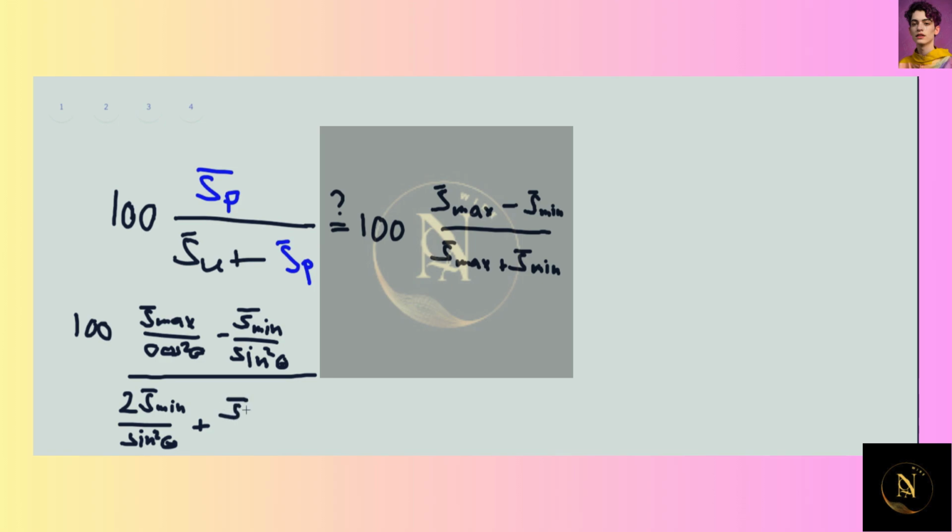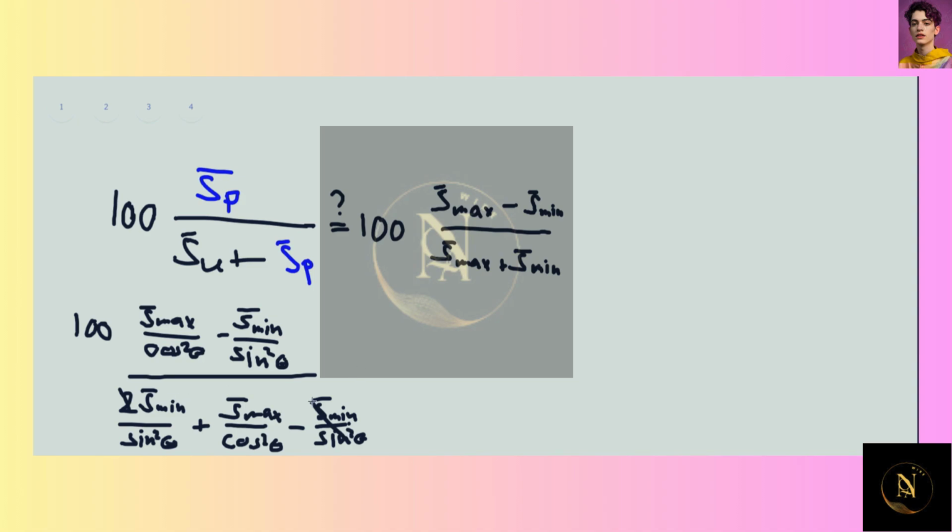So we have S bar max over cosine squared theta minus S bar min over sine squared theta. And so we can see that this is 2 of this minus 1 of this, same thing.